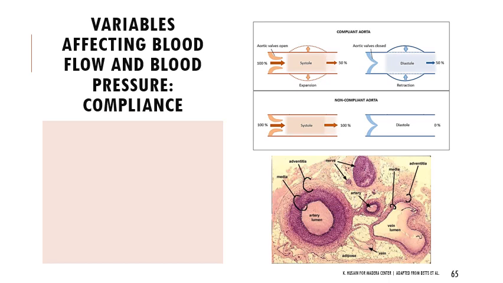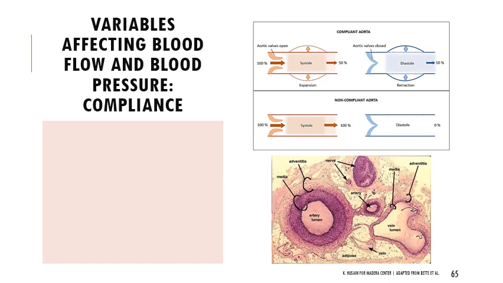Another thing that affects it is compliance. I should say that the reason the cardiac output affects blood flow and blood pressure is because if you have different output from your heart, there's going to be different flow of blood and different pressure. So hopefully it's kind of intuitive to you. So the amount that's coming out makes a difference in what's going into the vessels themselves.